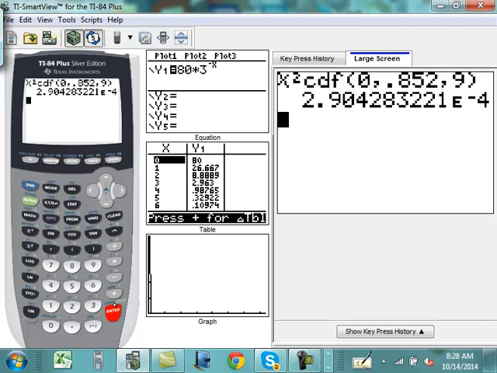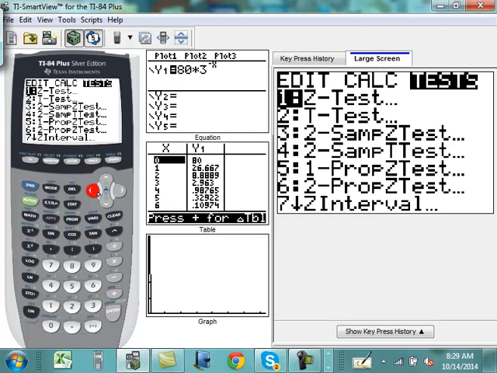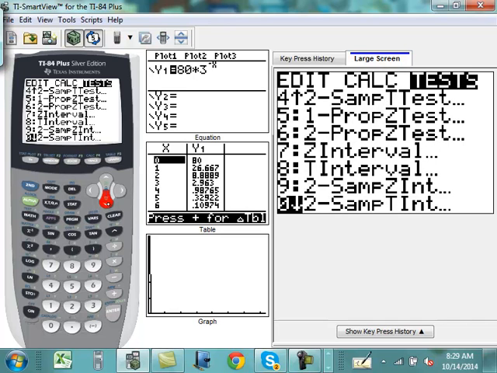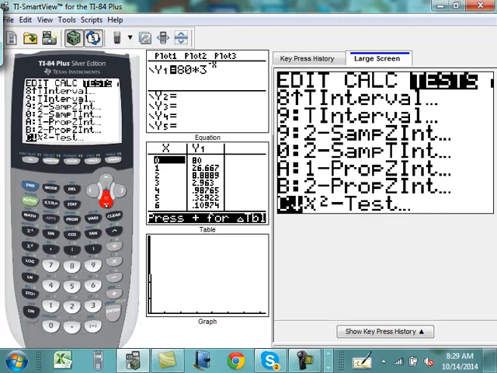Now, somehow the author of the textbook was able to use what they're calling an S-squared test. Well, I could tell you that on our calculator here, as you scroll through the tests, there are different ways of doing your intervals in your various tests.